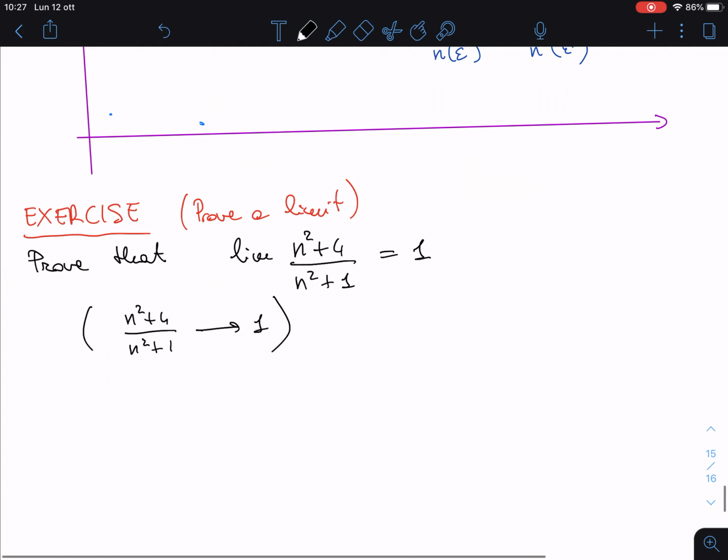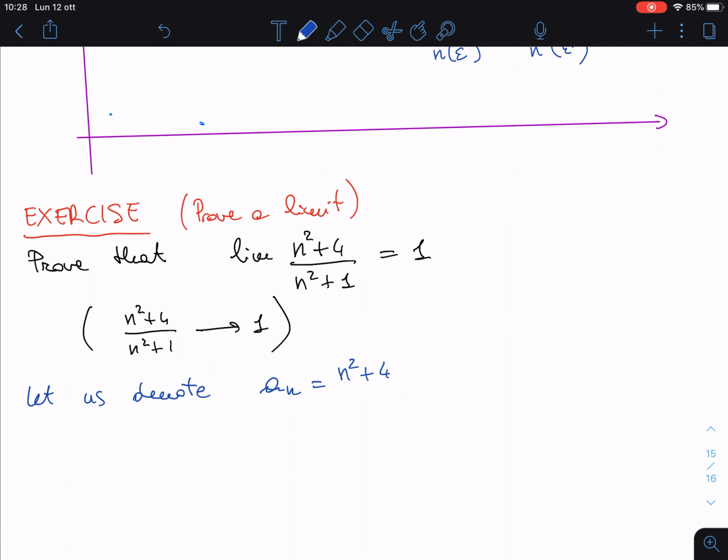Okay? So let us denote, for simplicity, an equal to (n squared plus 4) divided by (n squared plus 1).